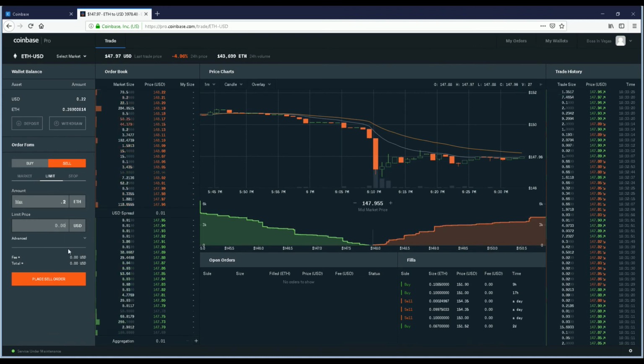Now this is the price here, and this is the important part. Let's say right now it's at 147. But what did you buy it for? I bought some at 151 here. And if you go back to December when I initially invested, it was much lower.